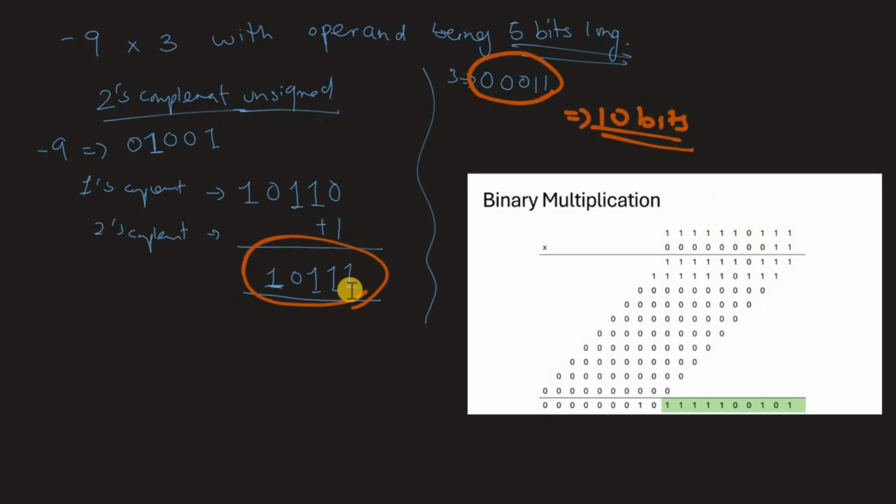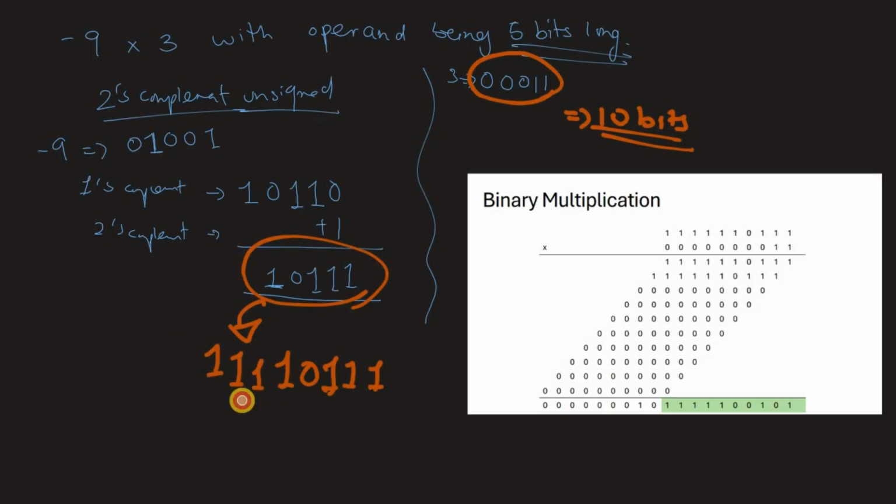So you have the first number as 1 1 1 0 1, and since it's 2's complement, you have to sign extend it to 10 bits. To sign extend in 2's complement, when you have a 1 over here, you put 1's.